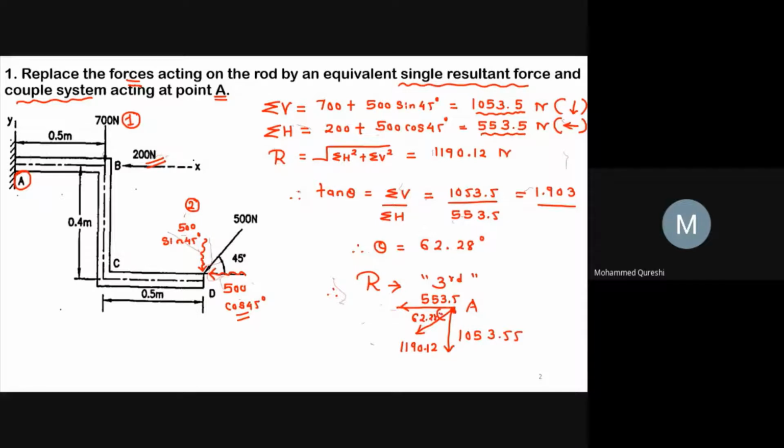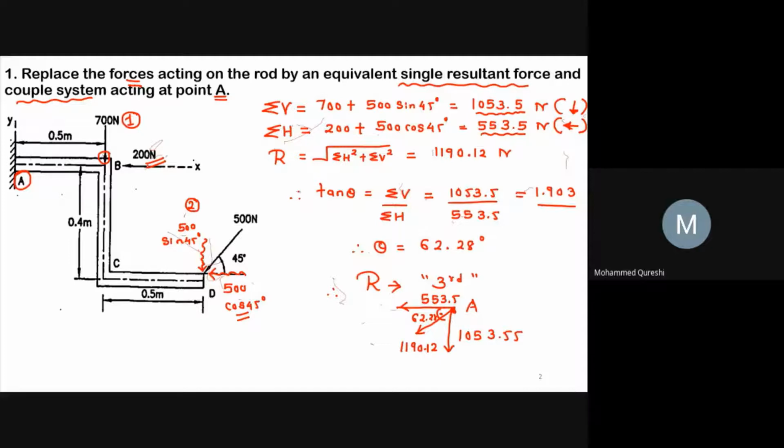62.28 degree. I had not denoted the value of 700, which is going downward, as minus. I had simply denoted this minus sign by this notation, and over here also your 200 is going towards the left hand side.